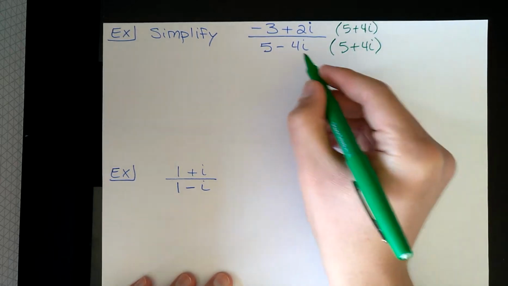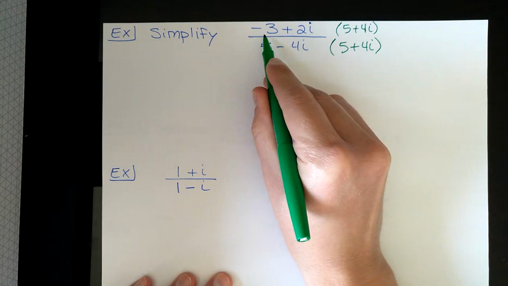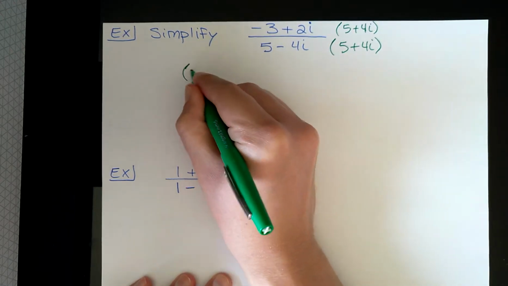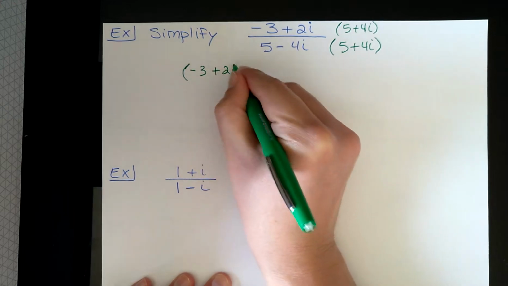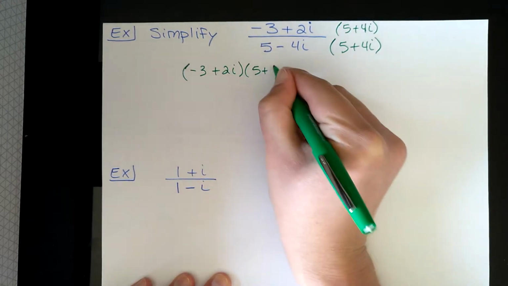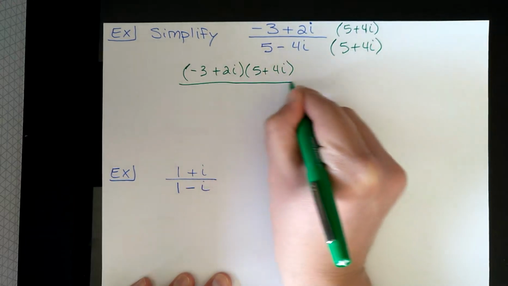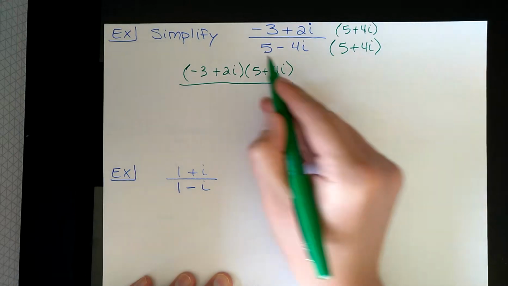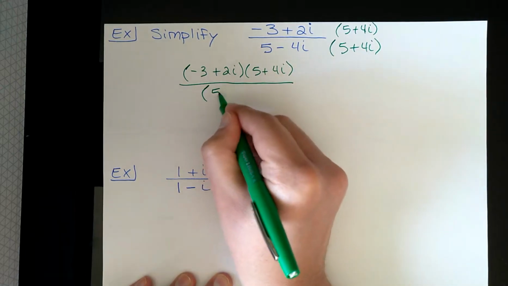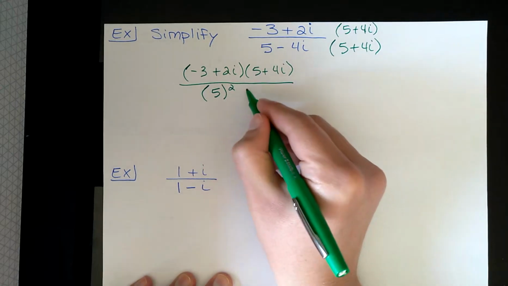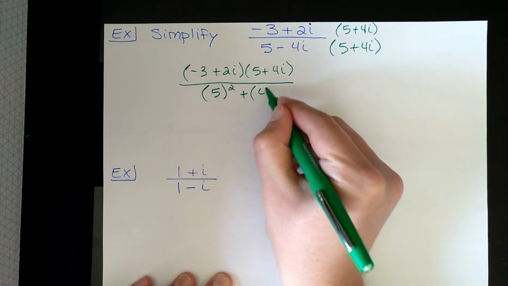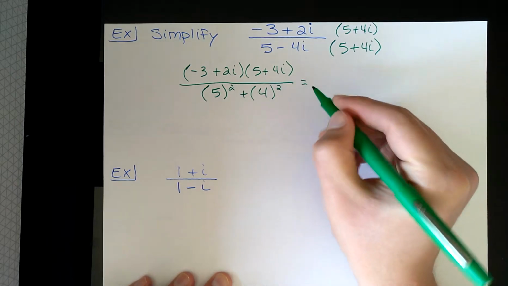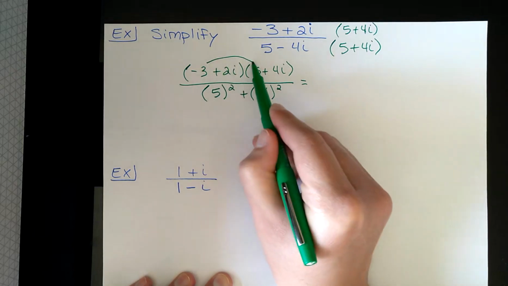So, simplifying this, we have negative 3 plus 2i times 5 plus 4i, I'm going to write that out, all over 5 minus 4i times 5 plus 4i. Well, we know that's just going to become the real part squared, which is 5 squared, plus the imaginary part squared, which is 4 squared. So we'll start distributing.